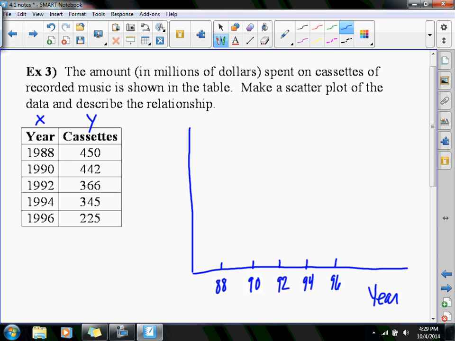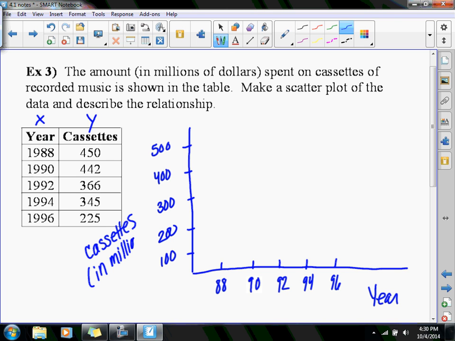And I have to go to about 450, so maybe I'll just count by hundreds. 100, 200, 300, 400, and 500. So that would be my cassettes. And we want to make sure that we say that it's in millions. That way people know that it's 500 million, not just 500.